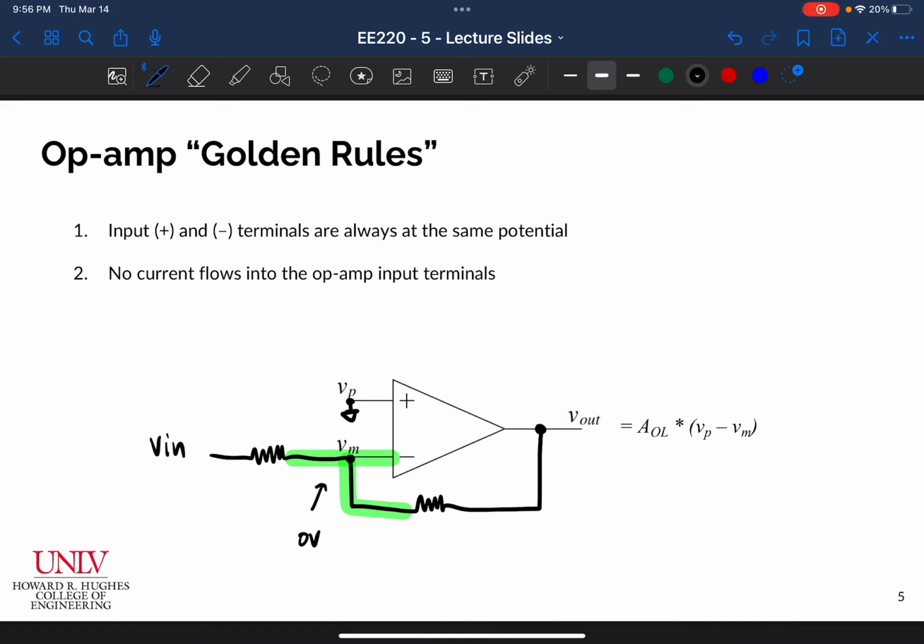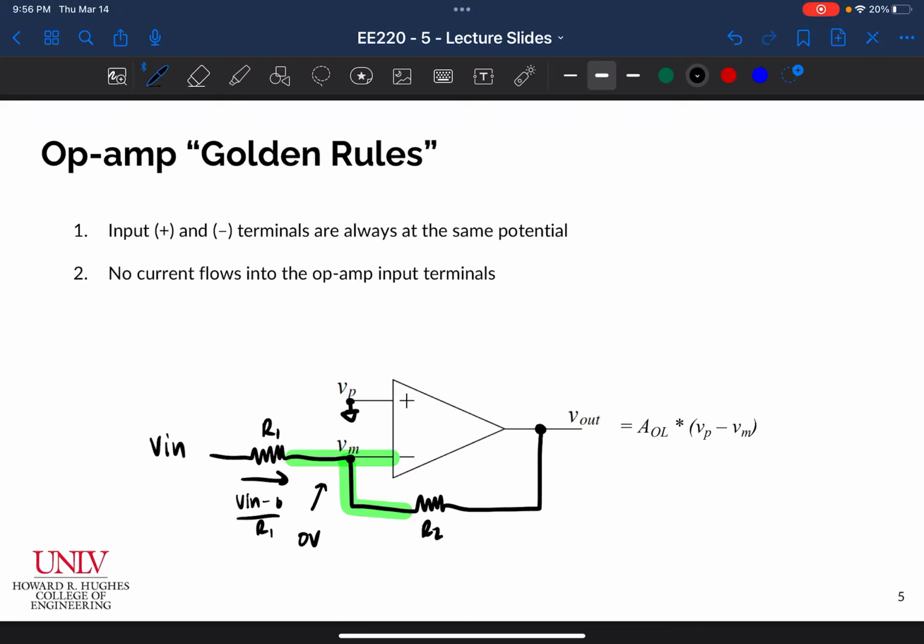And so VN isn't going to be 0 volts, but VN is going to be some DC voltage or some AC signal, which we haven't talked about yet. But once I know VN, I can determine the current flowing through my resistor here because I know that current is going to be VN minus 0 over R, whatever my R is here. I'll call it R1, and I'll call this one R2.